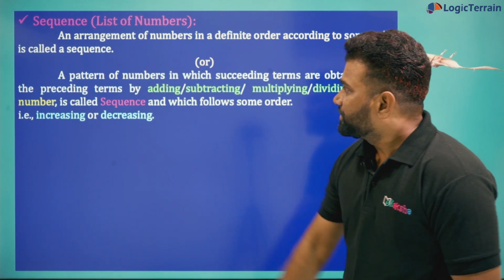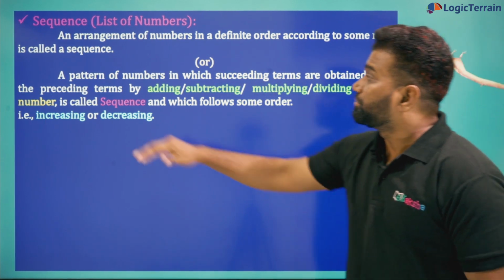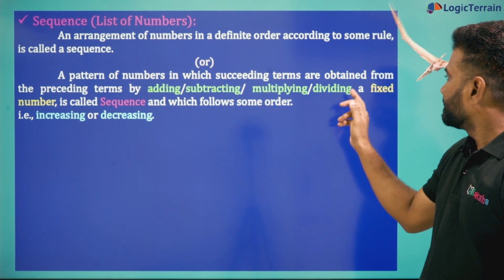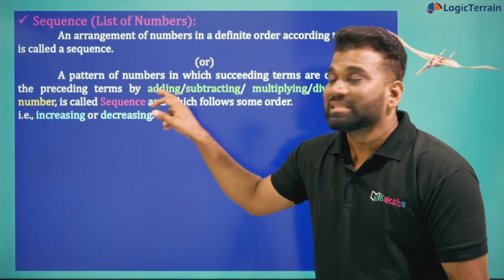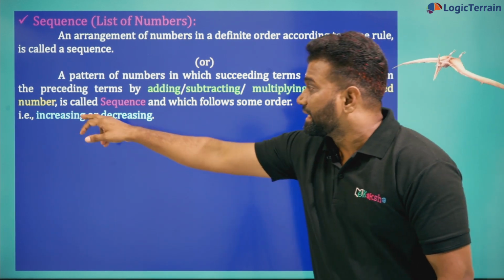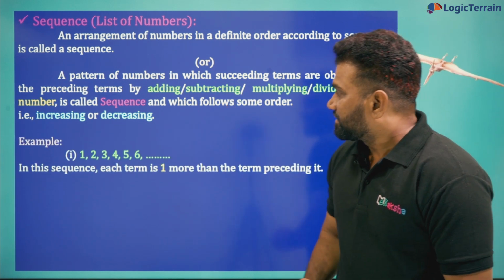Or we can say a pattern of numbers in which succeeding terms are obtained from the preceding terms by adding or subtracting or multiplying or dividing a fixed number is called a sequence, and which follows some order, that is either increasing or decreasing, right?